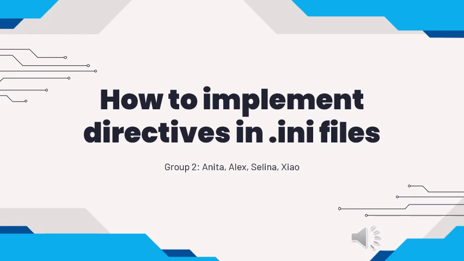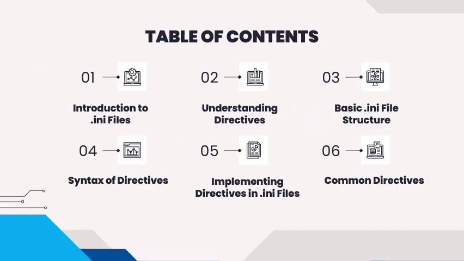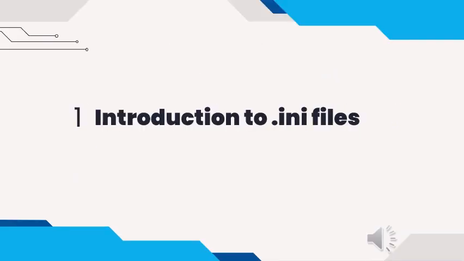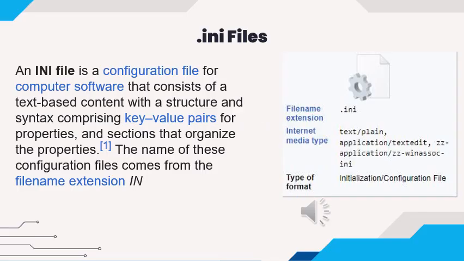Everyone, in this presentation, we're going to talk about implementing directives in .ini files. First, we need to see what .ini files actually are. An .ini file is a configuration file utilized by computer software.